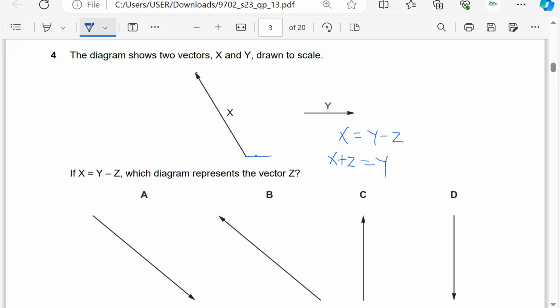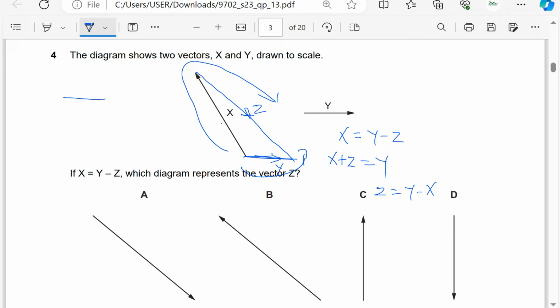So if I keep Y in the horizontal, Y is going to be the resultant. So it means I have to draw Z the other way around like this. If on X I add Z, I get Y. If I add X to Z, I get Y in the opposite direction. Alternatively, I can say Z is equal to Y minus X. That means on Y, I add X but reversed. Y is horizontal.